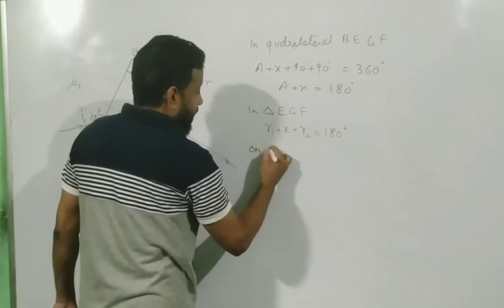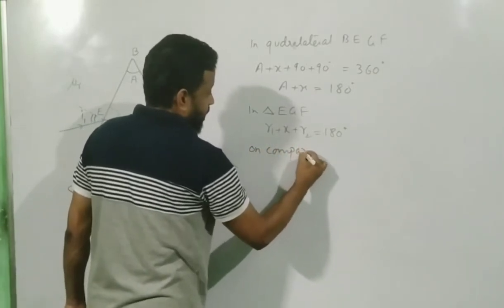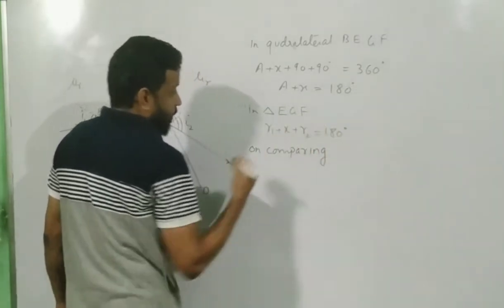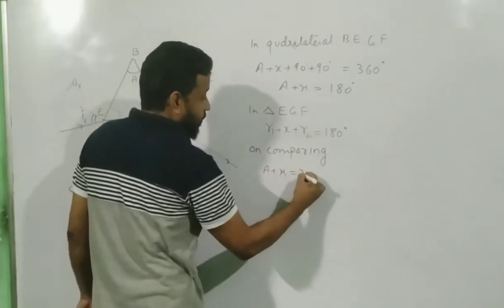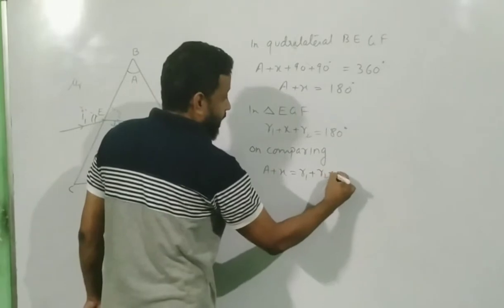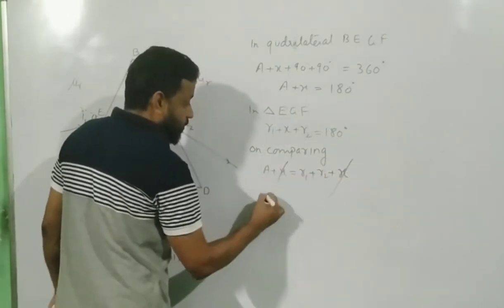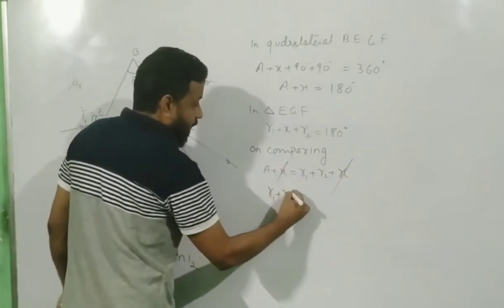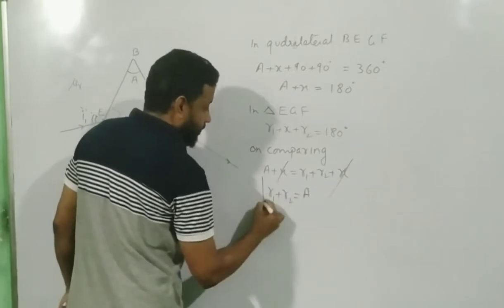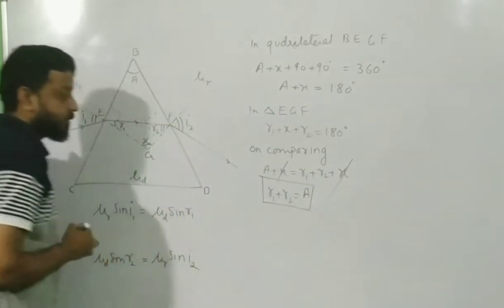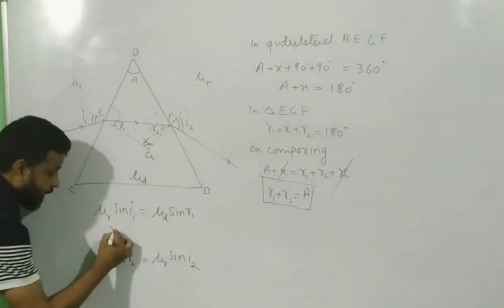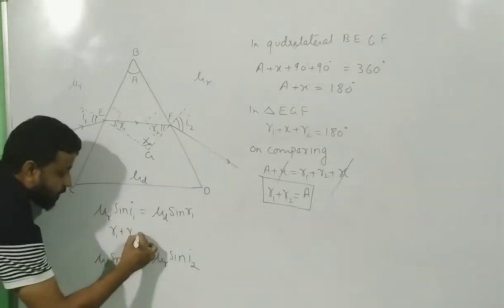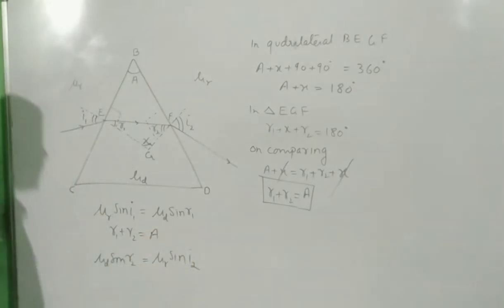So on comparing, I will get A plus X equals R1 plus R2 plus X. X goes out. So I will get R1 plus R2 equals A. This is a very important equation, R1 plus R2 equals A, and I prefer to write it over here.